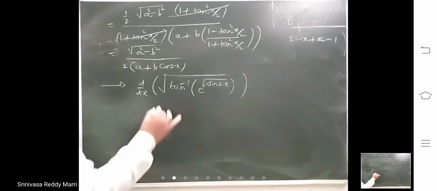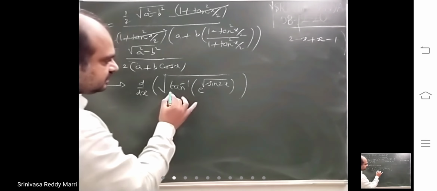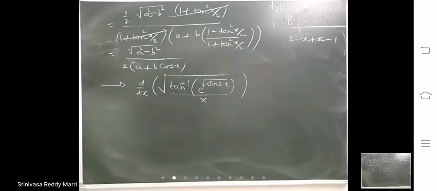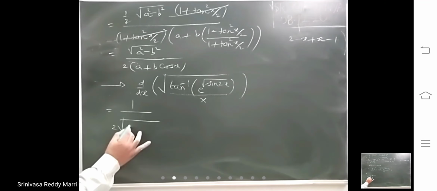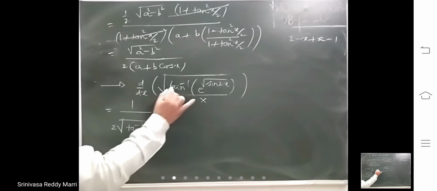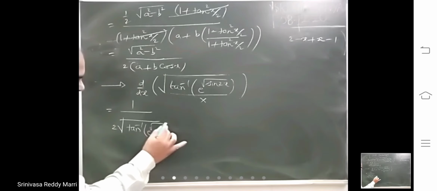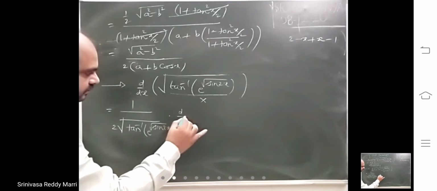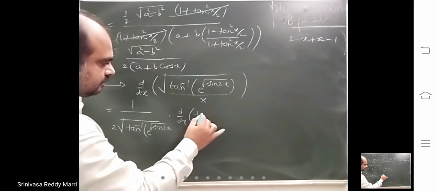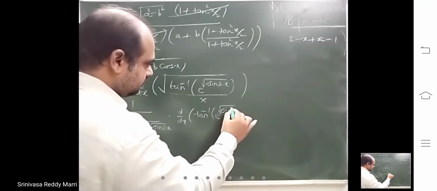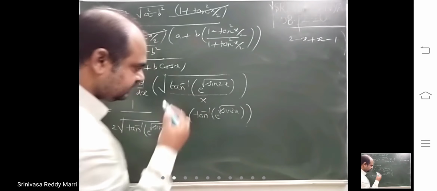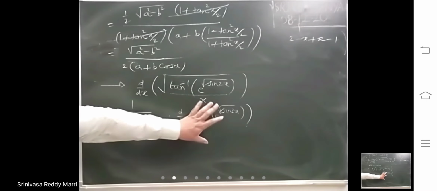Now follow step by step. The first function is root. So this completely is x, and the derivative of root x is 1 by 2 root x, as it is x. Root of, into this. So this is fresh differentiation again.